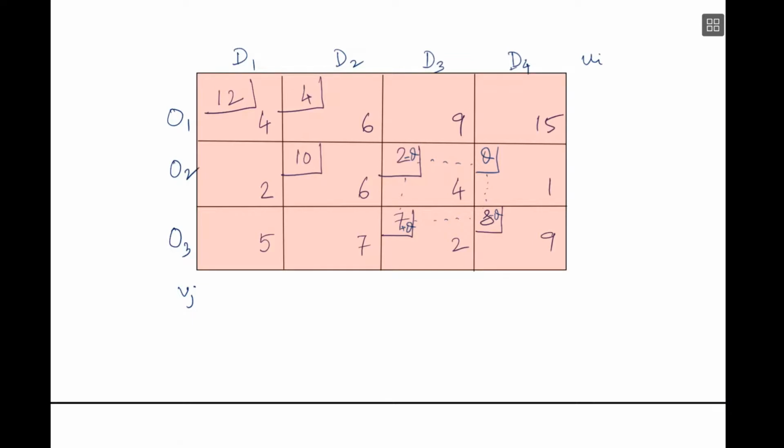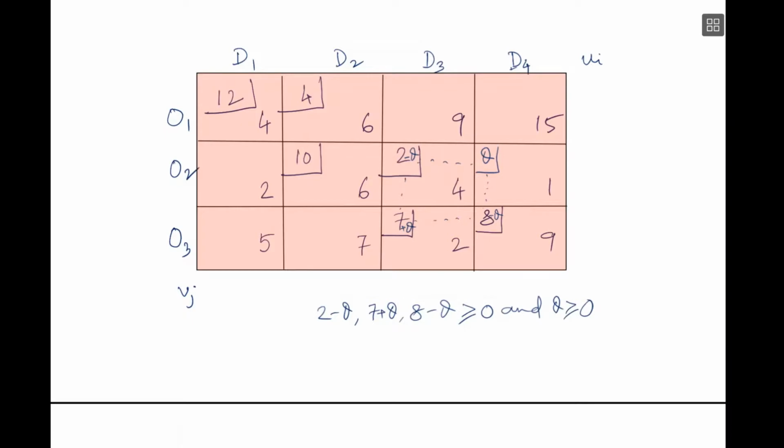Now an allocation can never be negative, so what can be the maximum value of theta? As we see, we can choose theta in such a way that 2 minus theta, 7 plus theta and 8 minus theta all must be non-negative, and theta also should be non-negative.